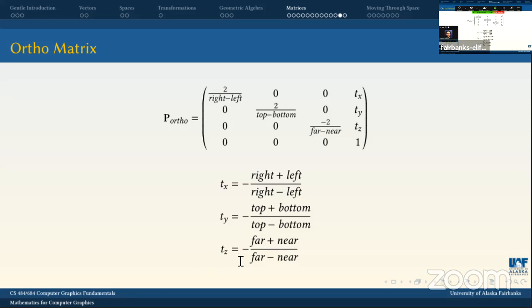Tz is different because we have this concept of far and near that has to do with your clipping plane. So how far are coordinates allowed to go and how close are coordinates allowed to go. And by applying this equation over here, if you notice, we have a scaling matrix in the upper left-hand 3x3 matrix.